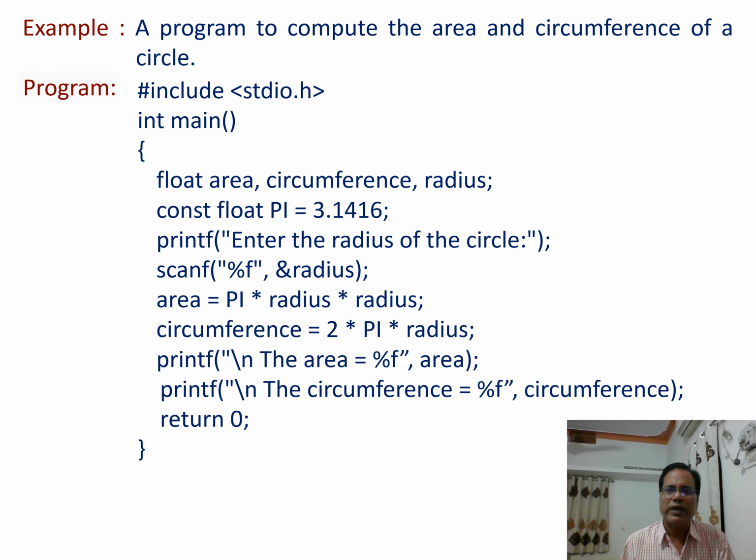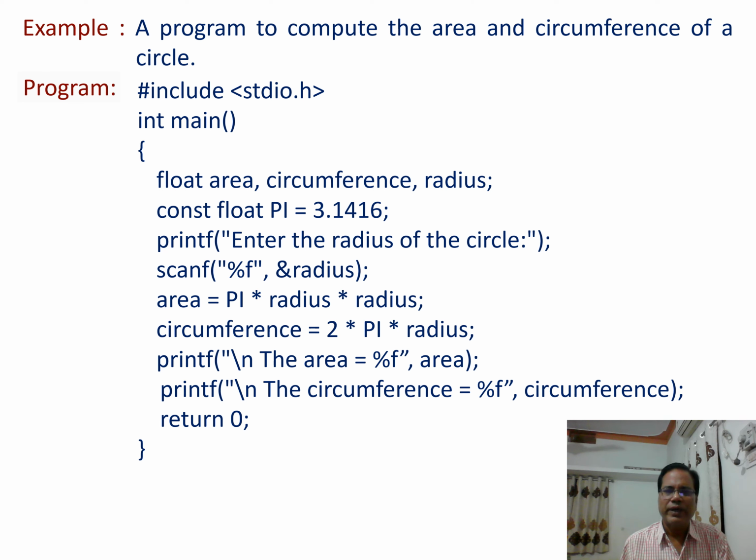So area equals pi times radius squared. Here we are not using the value of pi, 3.1416. Instead, we are using the symbolic constant pi into radius, that gives the area, and its value is assigned to the area variable, which is of float type. Circumference equals, again we are using the symbolic constant pi instead of the value 3.1416.